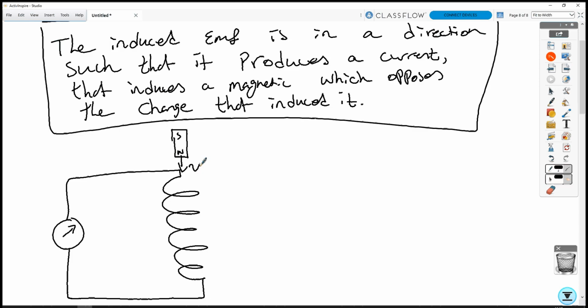So in the beginning, it's the north side of the magnet, those flux lines are going to be the first to cut through the coil. And the north side of the magnet has flux lines which point outwards. They point downwards, away from the north.